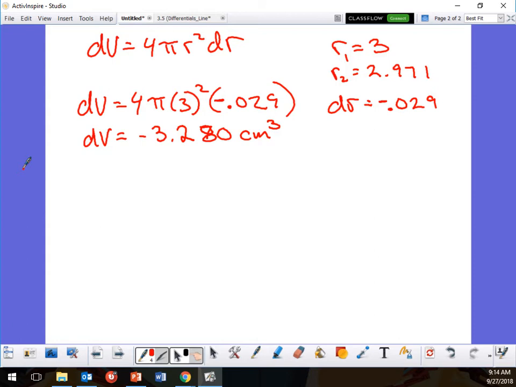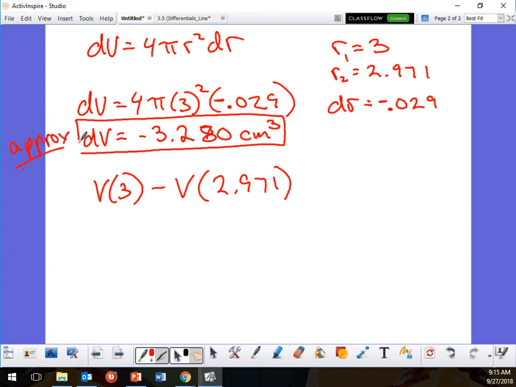So the actual change would be V of 3 minus V of 2.971. Remember, this is the approximate right here. That is decreasing that much.